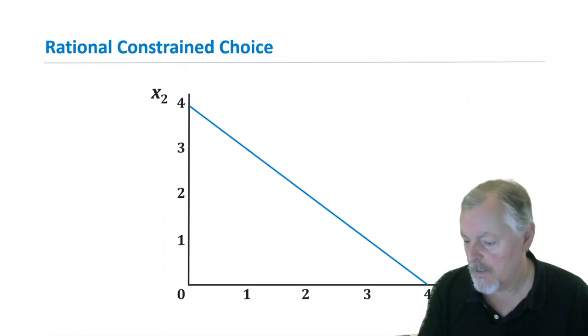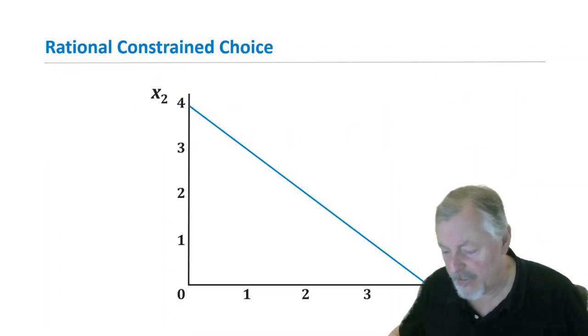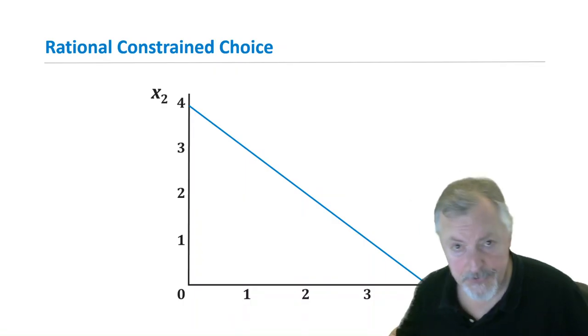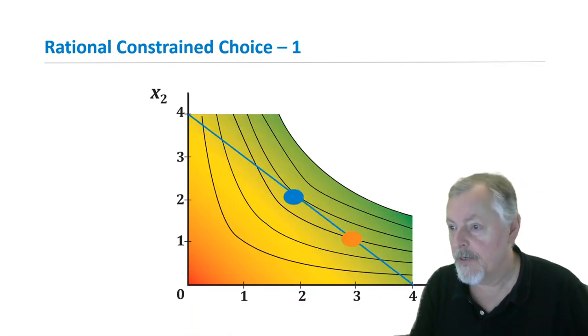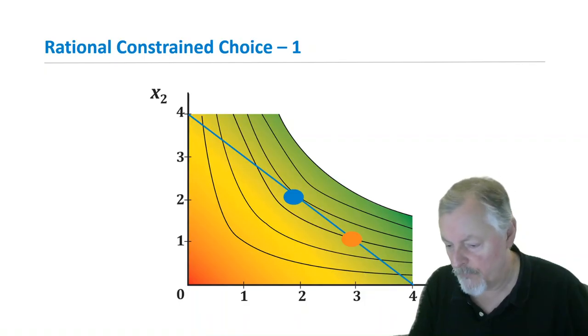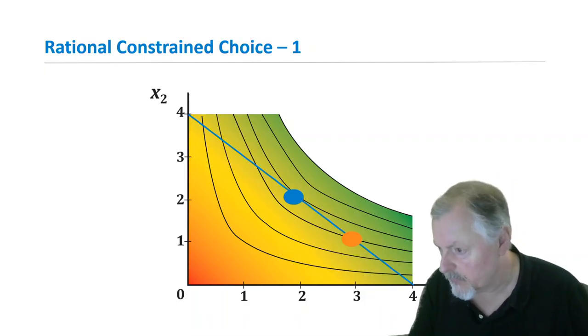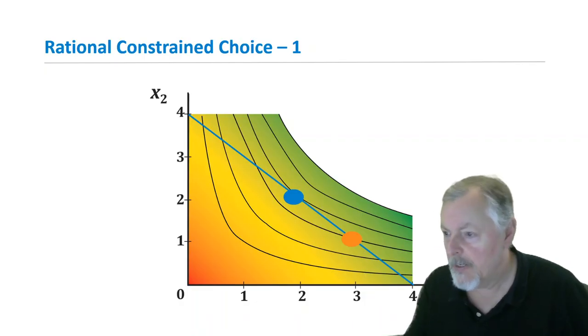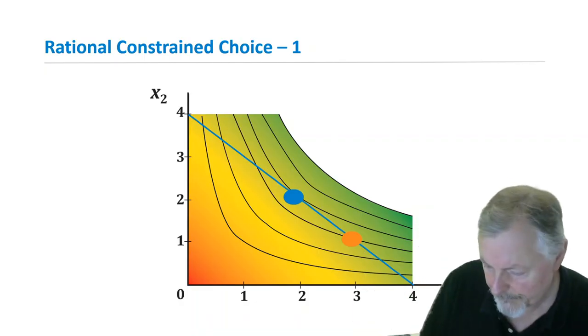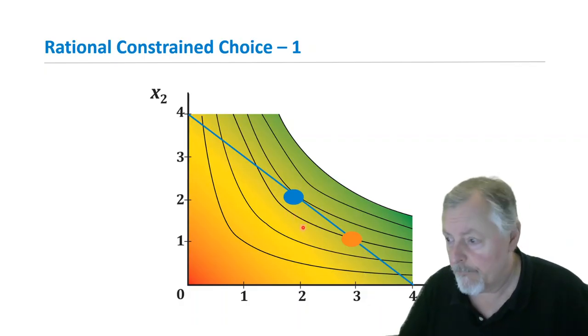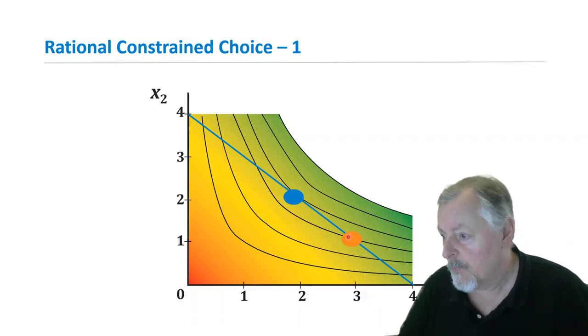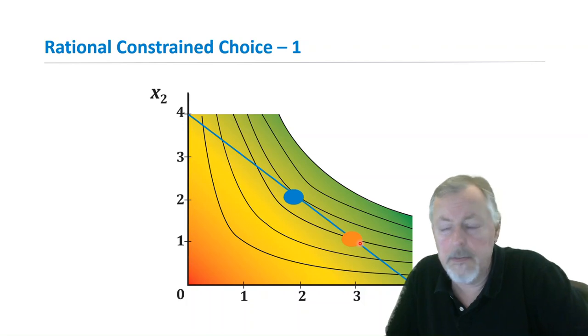Okay, here is the budget constraint. Pretty simple. And here it is superimposed over a set of indifference curves. Now, for these two points, this one and this one, both are on the budget constraint.